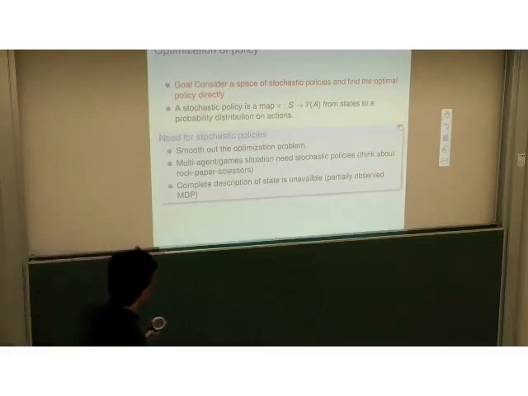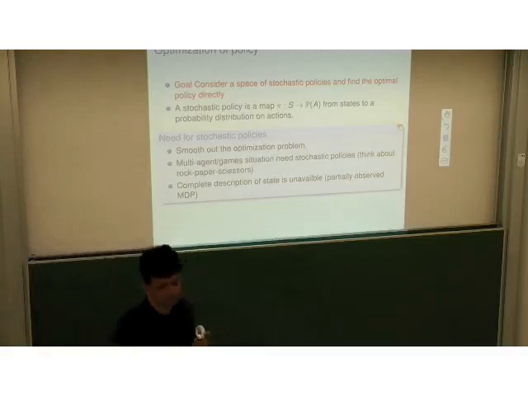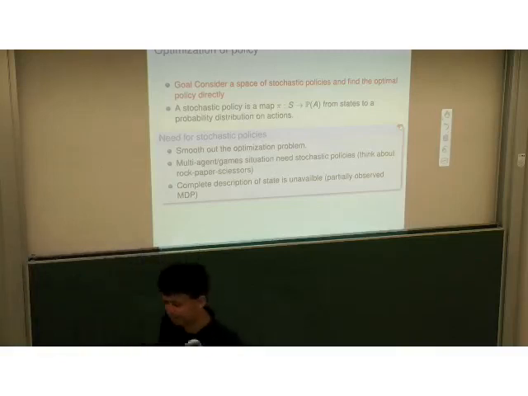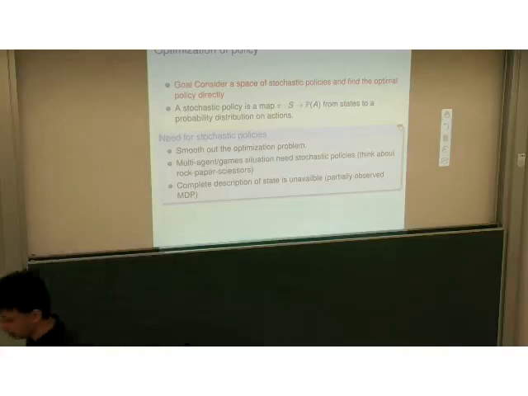But the thing is, when you consider the policy optimization framework, we know already that there is a deterministic optimal policy, at least in an MDP formulation, when you have a Markov decision process.